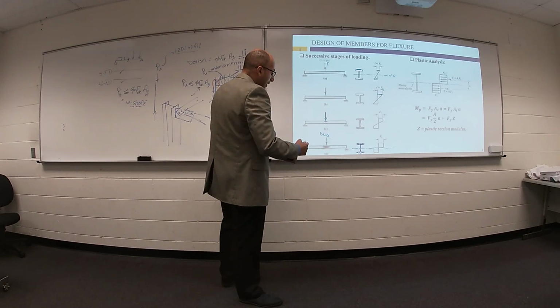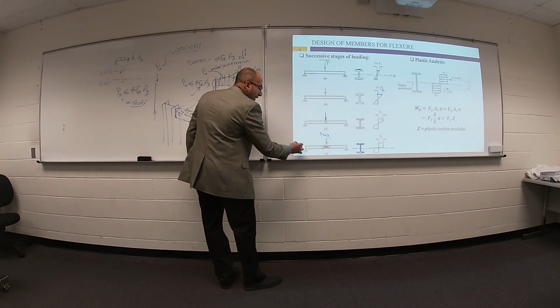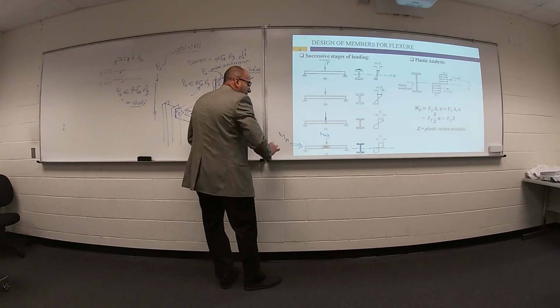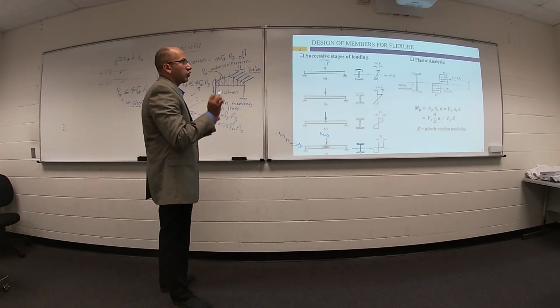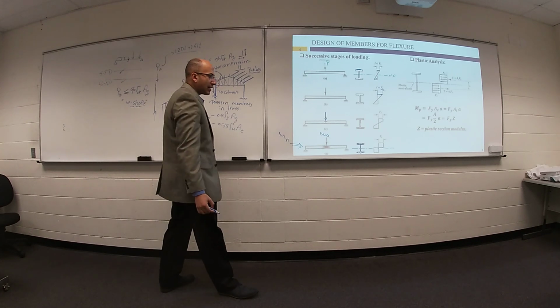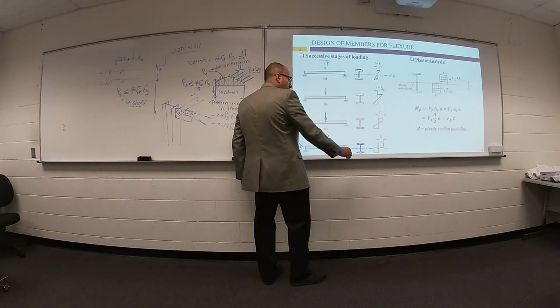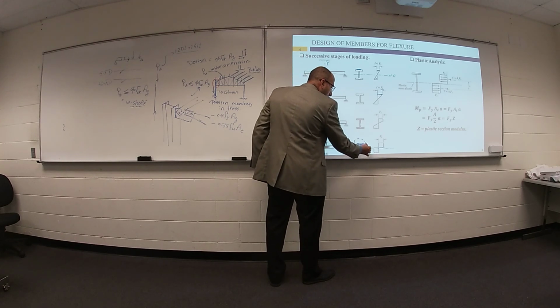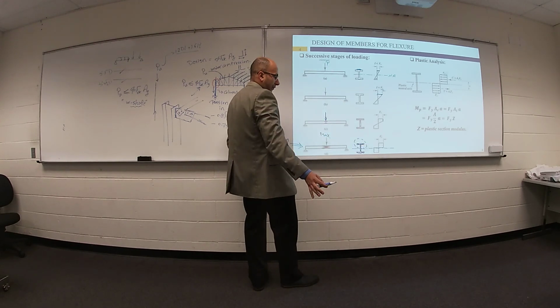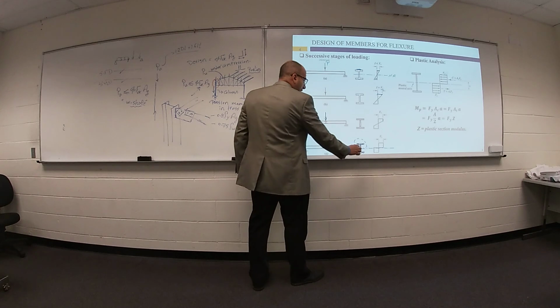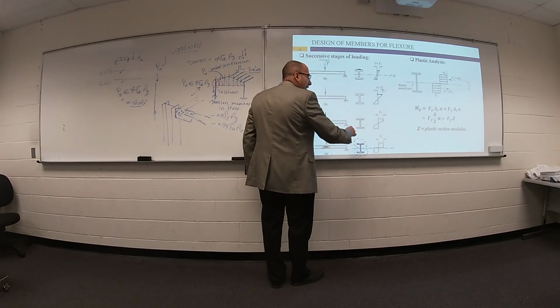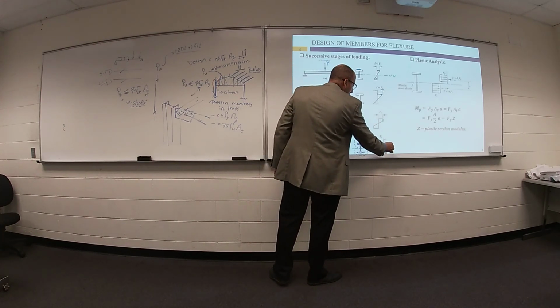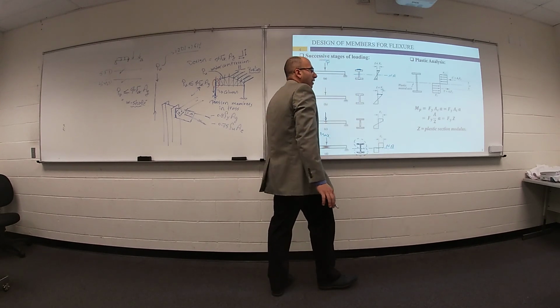So we would like to calculate the nominal moment, the maximum resistance for this cross section. That means the whole cross section is under yielding, but one part yielded under compression, and the second part yielded under tension. In between, we have something called neutral axis.